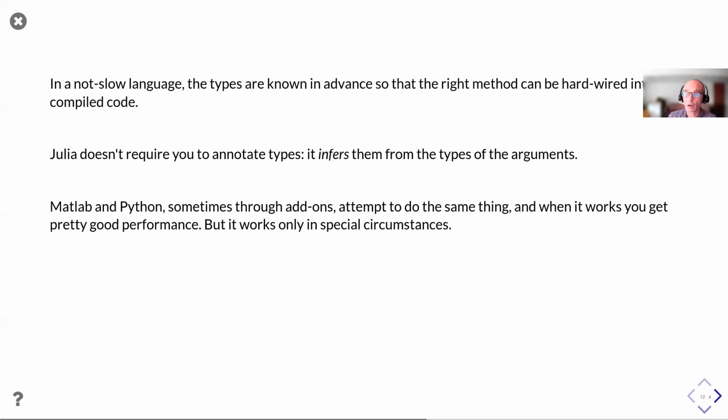This is not an entirely new idea, and indeed both MATLAB and Python have put some effort into improving their performance, and in some cases they've been able to deduce the set of types throughout a for loop or something like that.